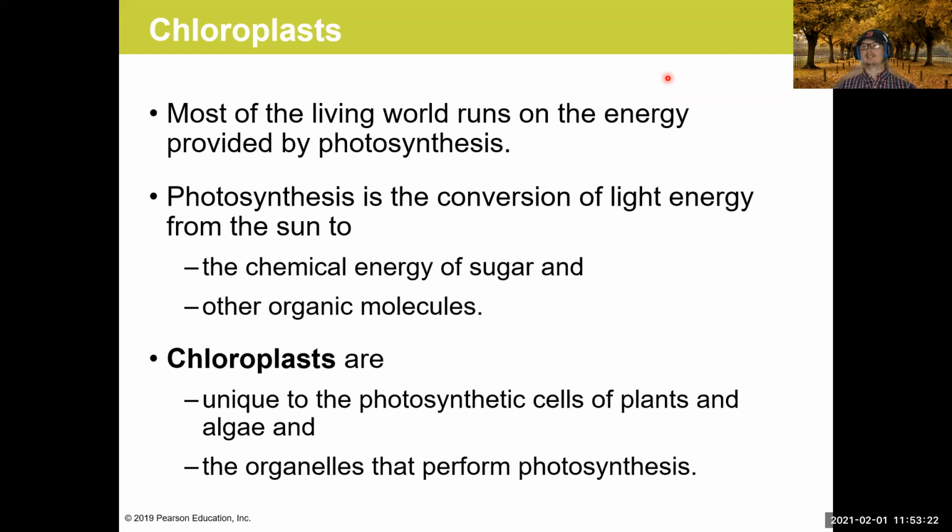So you're going from this inorganic form of energy to an organic form of energy through chloroplasts, and that gets the energy into the food web and into these biotic parts of the system. Most of the living world runs on energy that comes from the process of photosynthesis, so it's a really important process. All of the processes that happen in natural environments are important, but photosynthesis is kind of that energy driving process.